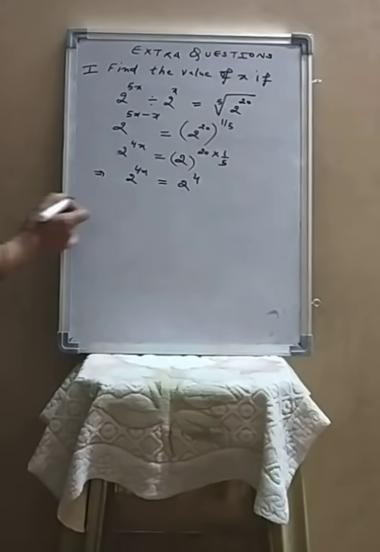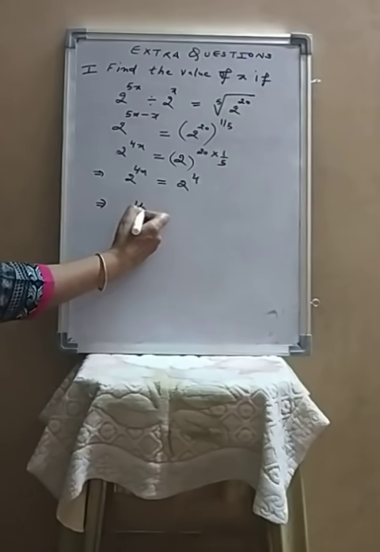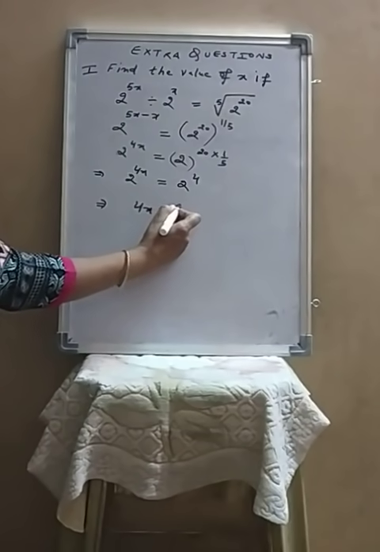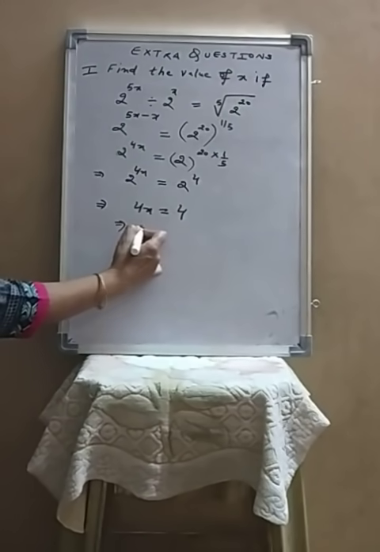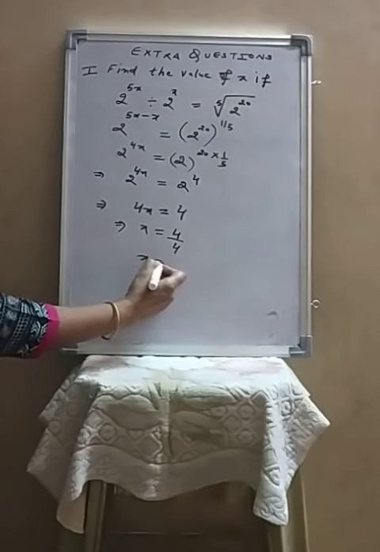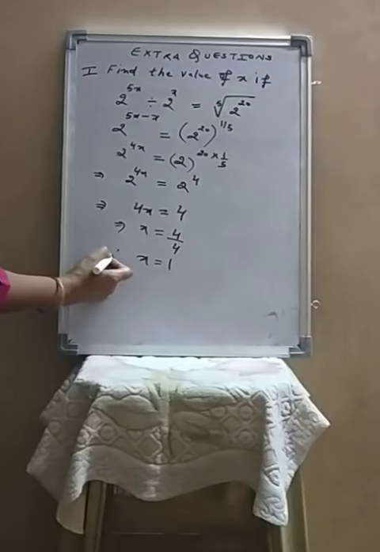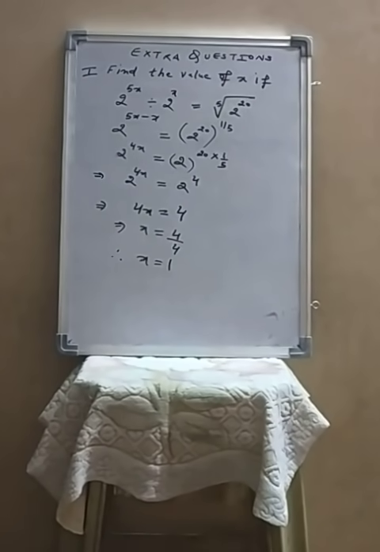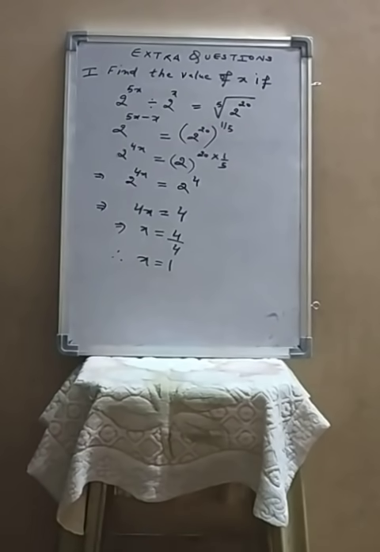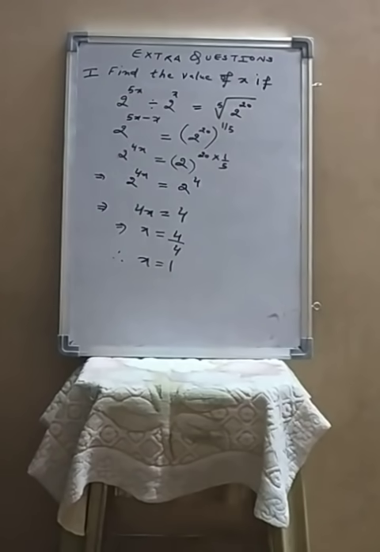You have to write one statement here that as the bases are same, we can equate powers, which implies 4x is equal to 4 and which further implies that x is 4 upon 4, that is x is 1. So this is how we have found the value of x in this problem, and two laws we have used, one on LHS and the other one on RHS.